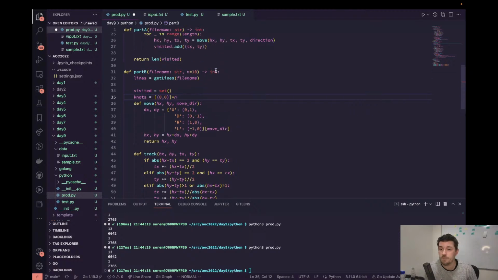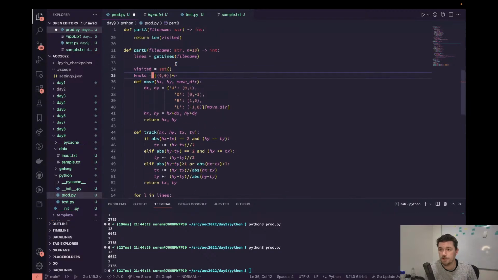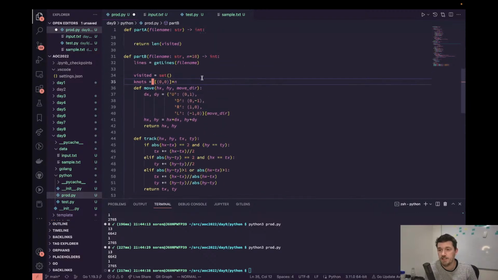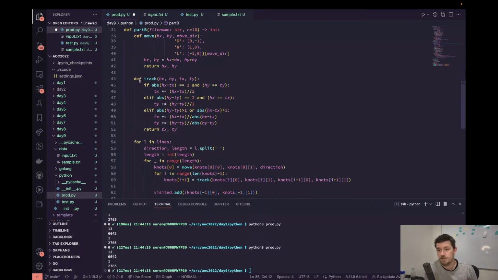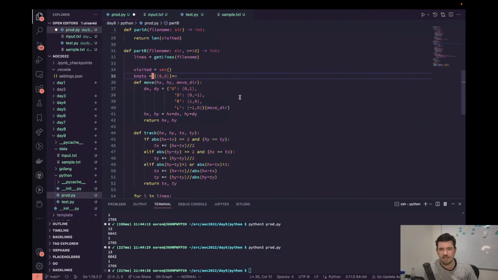Then, realizing this, I split up the move function from part A into a move and a track. So move is for the head, because we follow the instructions, and track is for each subsequent knot on the daisy chain. We perform the tracking. I think that's really helpful. You're having these functional bits where you don't have any state.